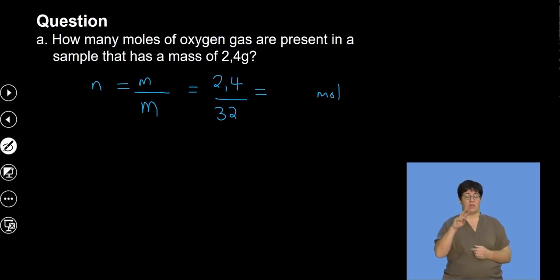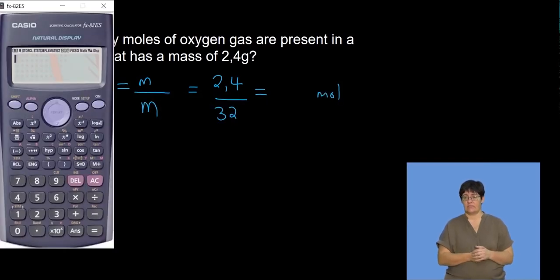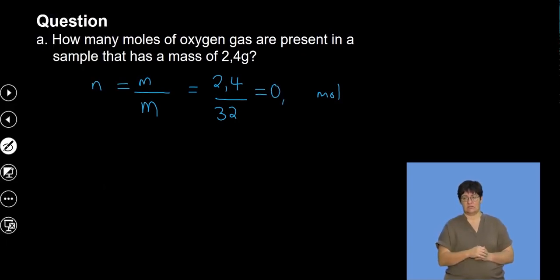Going to our calculator, 2,4 divided by 32 gives a decimal fraction, 0,075. So this is less than 1 mole. This is the quantity of moles present in that sample.